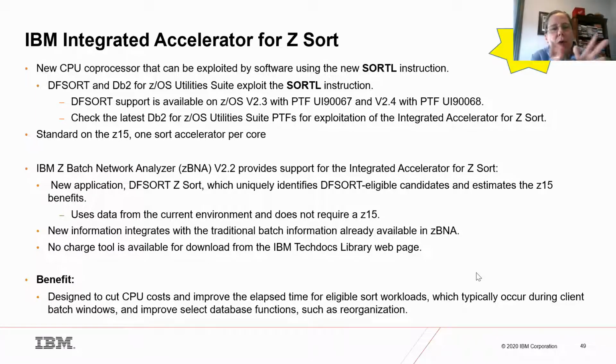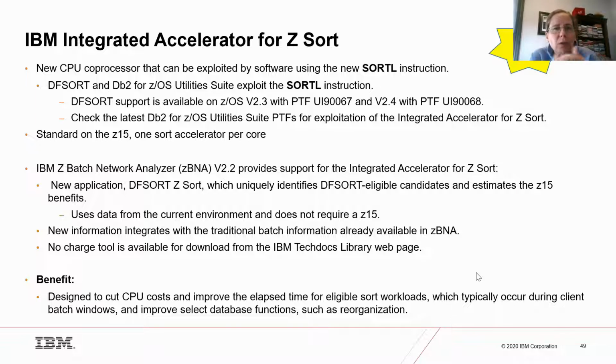But there is a new application within there called the DFSORT zSORT, which you can look at data from your current environment, even though you don't have a Z15, and you could identify with zBNA how much the advantage would be if you were to use the DFSORT with the SORTL instruction associated with it.